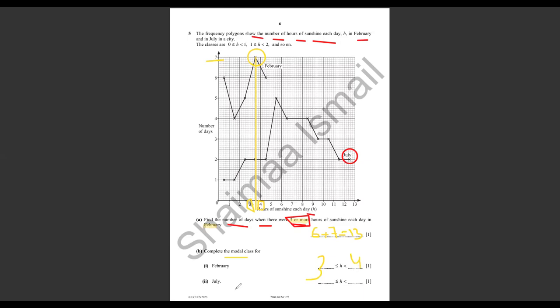And here the mode in July, or the most repeated. Let's move to July here. It would be 5 days, which is between 5 hours and 6 H. 5 to 6 H. I think it's clear.